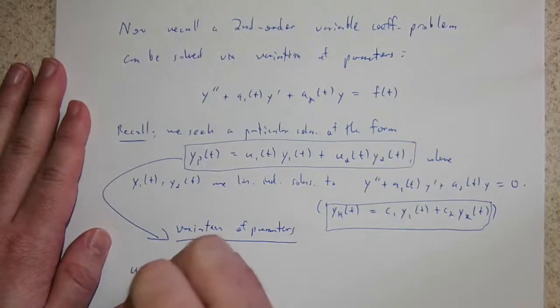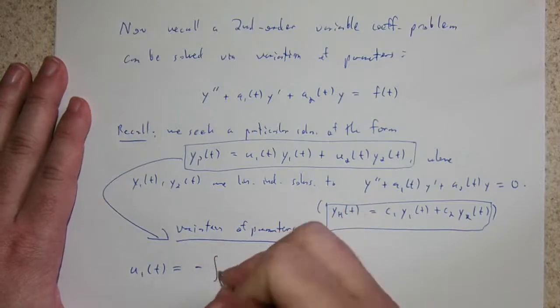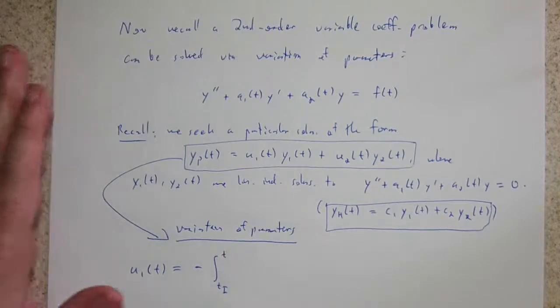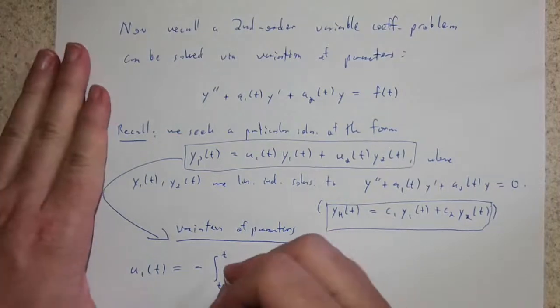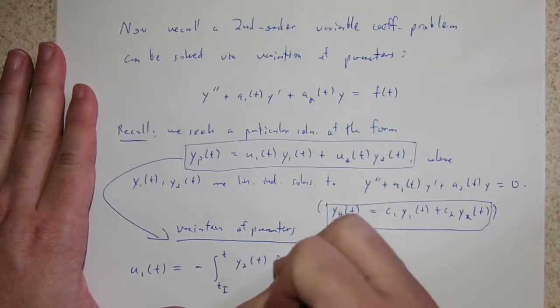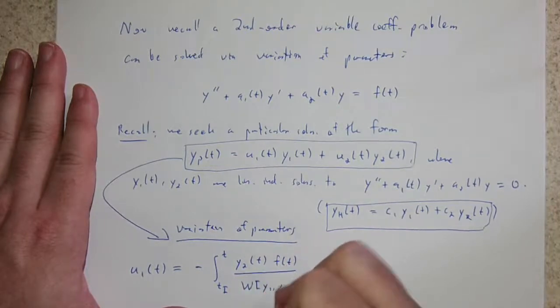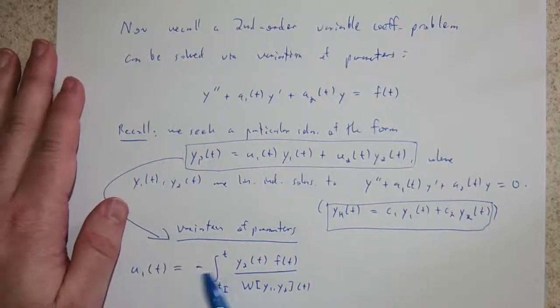So u1 of t is computed by minus the integral from t sub I, the initial t here, to t of y2 of t f of t over the Wronskian of y1, y2 of t dt. Well, I've done something wrong here.